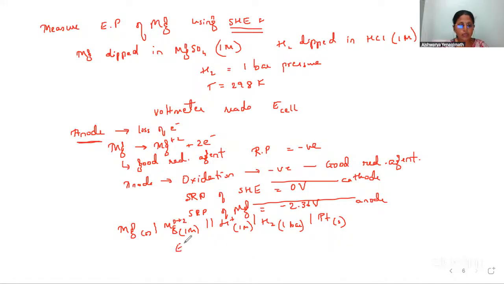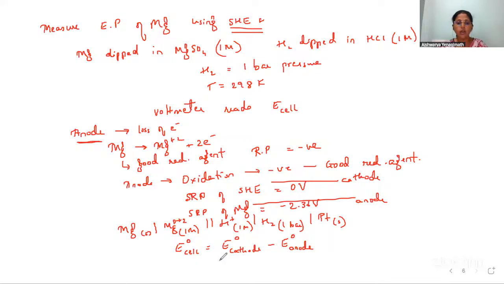So E cell is equal to E cathode minus E anode. At standard conditions, because I've taken 1 molar concentrations, 298 Kelvin temperature, and 1 bar pressure, hydrogen is being maintained. Therefore, E naught cell is equal to E naught cathode minus E naught anode.